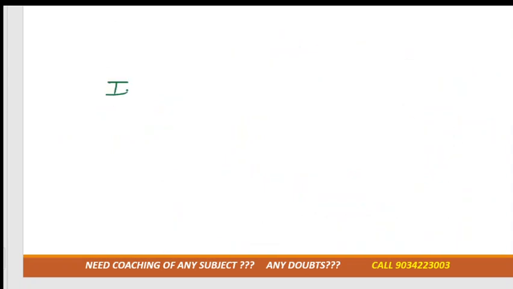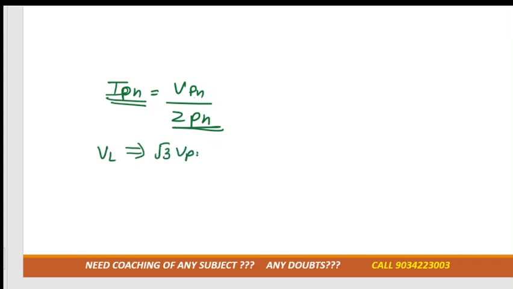Okay, so for that we should know the formula first. We have the formula IPH is equal to VPH divided by ZPH, because if Z is in phase, then voltage should also be in phase and current should also be in phase. Now we have one relationship, VL is equal to root 3 VPH, with angle 30 degree.